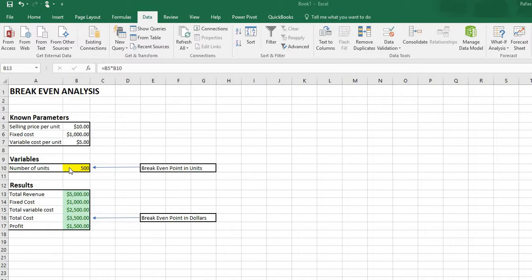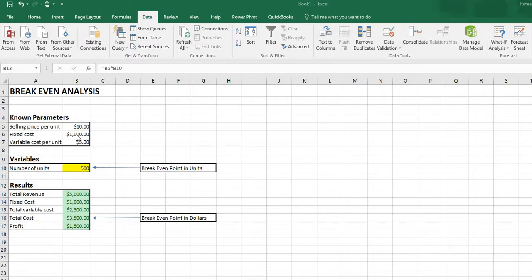Now this would be the number of units. This is the variable here. These are known parameters, things you would know. This is the variable. This is what you're trying to figure out, this number here. Right now it says 500, but that's not the break-even point because you can see you have a profit right now. This would be the total revenue, which would be selling price per unit multiplied by the number of units you have sold, 500, so that's 5,000.